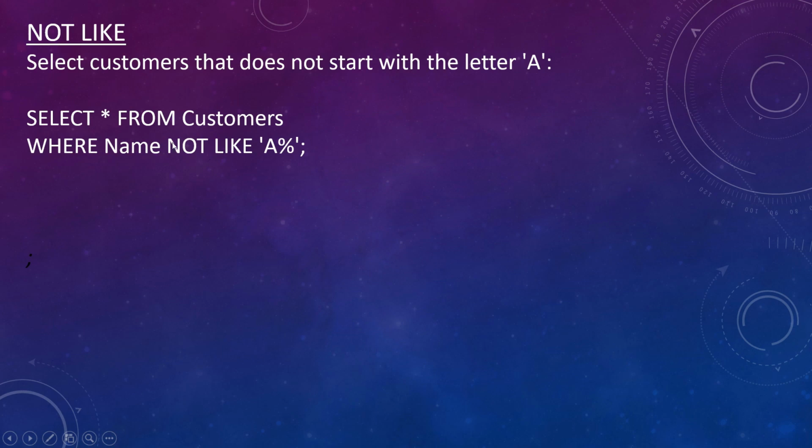If I had not written this NOT, it would have meant select star from customer where name LIKE 'A%', and the result for that query would have been all the customers whose names start with A. But here I'm using the NOT operator, so the output will be entirely opposite, and all the records will come for those customers whose names do not start with the letter A.